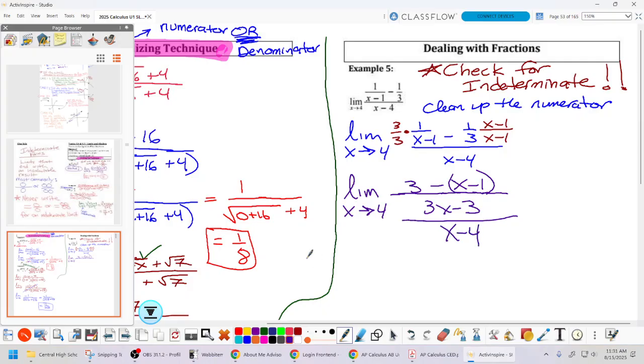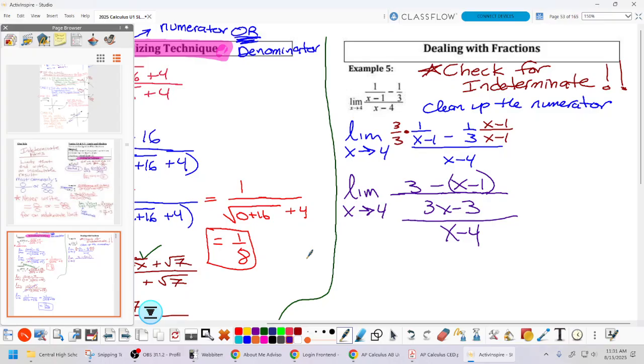Alright, what can I do with this? You don't have to, but you can shove it to the denominator. Which 3? Okay, good. There's no canceling yet.